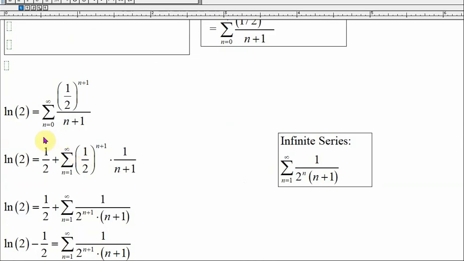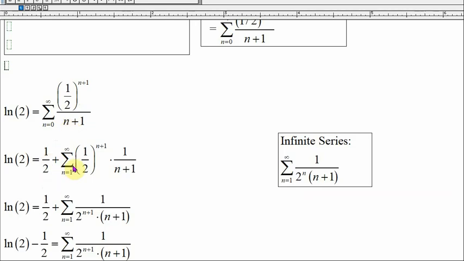And then the series that we're after is this one, and n starts at 1. So what we can do is go ahead and write the first term out, and then the rest of it will have n starting at 1. So when n is 0, we get 1/2 up here, and then we get 1 down here, so we get 1/2.